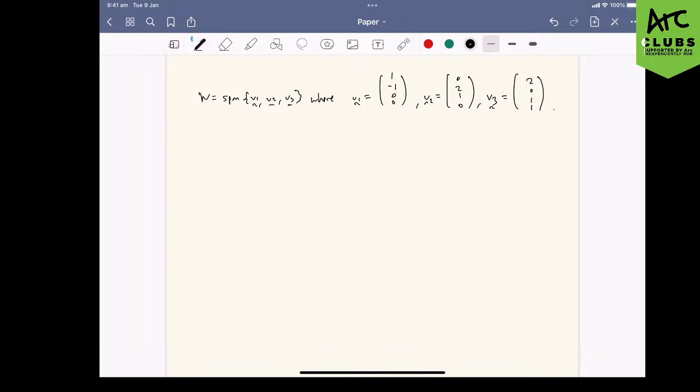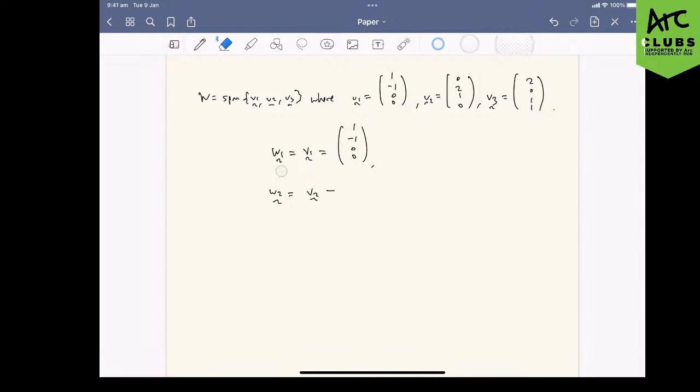For the Gram-Schmidt process, we need a basis first, but in this case, we already have a basis, V1, V2, V3. So the orthogonal basis is going to be W1, W2, W3, where the first one, we set to the first basis vector, 1, -1, 0, 0. For the second one, we take the second basis vector and take away its projection onto the previous W vectors.